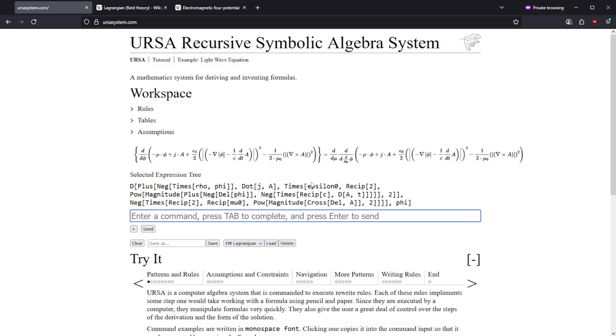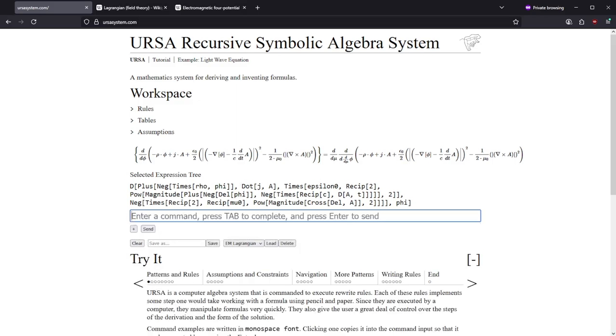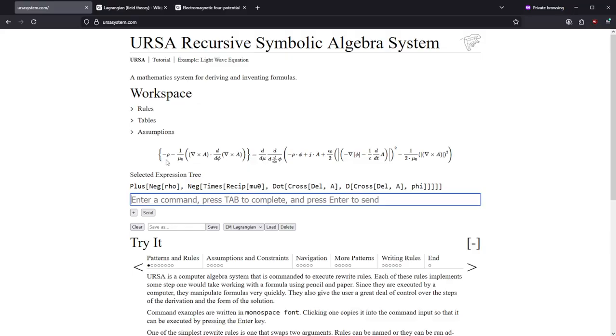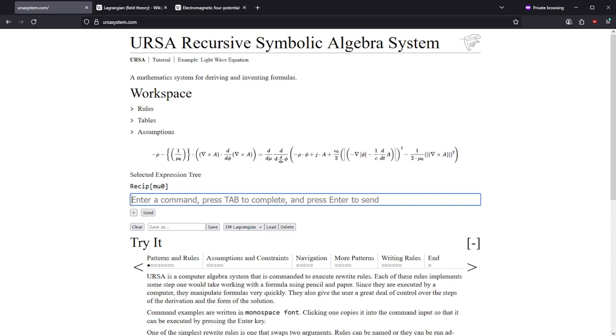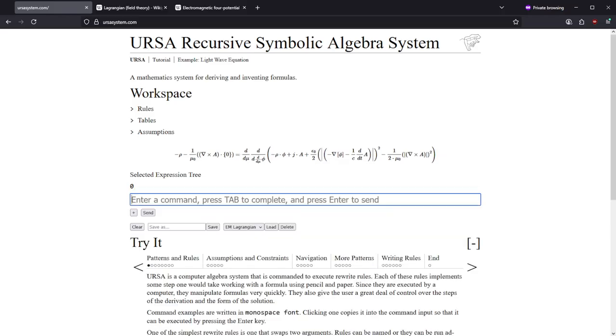So we can kind of navigate the expression that way. So I'm going to just take this derivative on the left-hand side by doing derive. And it derives this far. It's able to tell that a lot of those things are 0. And this remaining thing, besides the negative rho, this is also 0. And Ursa really should tell that on its own. It doesn't, and I'd like to fix that. But it is 0, and we can just go in here and use the constant rule manually, and that derivative is 0.